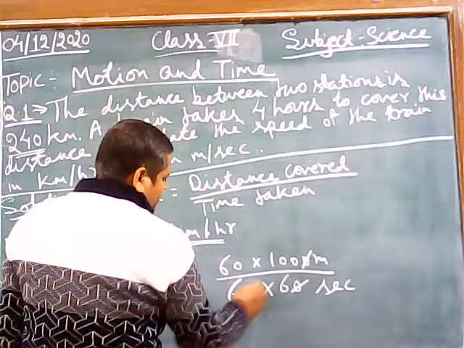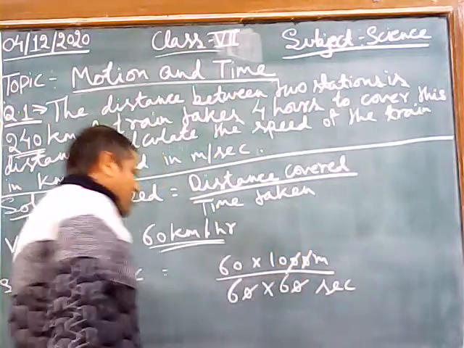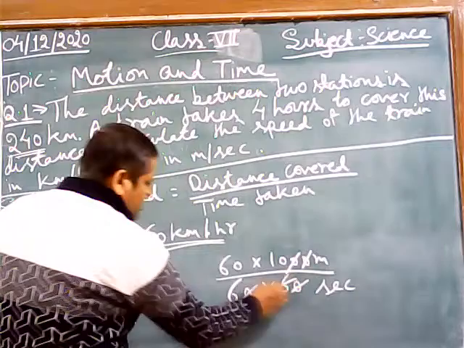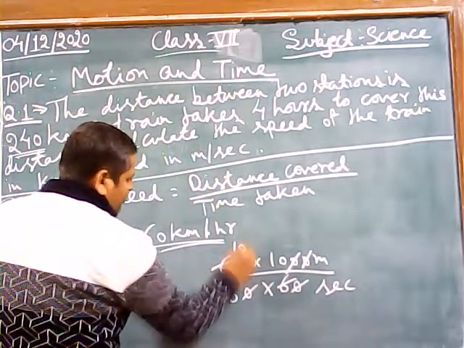So how has it come? 6 ones are 6, 10 zeros.